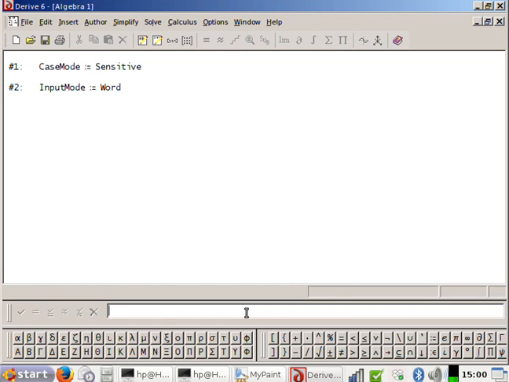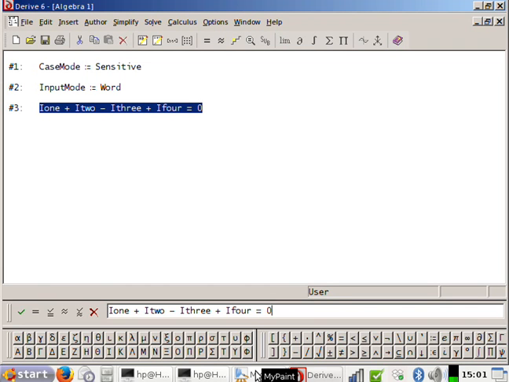So, can you read out the first equation? I1 plus I2 minus I3 plus I4 equals 0. Okay, what's the next one then? 10I1 plus 6I3 equals 6.